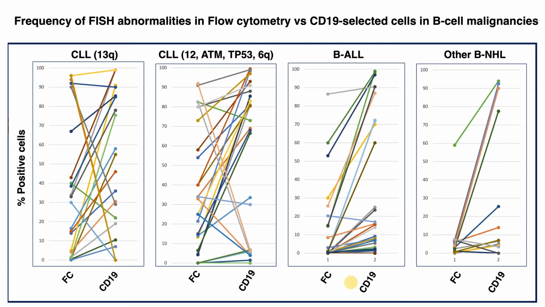Vice versa, in some cases flow was negative but CD19 FISH could identify positivity. These discrepancies could be technical artifact, or have a biological basis. I will discuss these discrepancies in one of the following slides. So these two methods, despite some discrepancies, complement each other in detecting the disease.